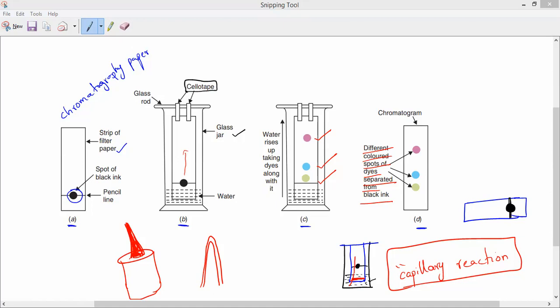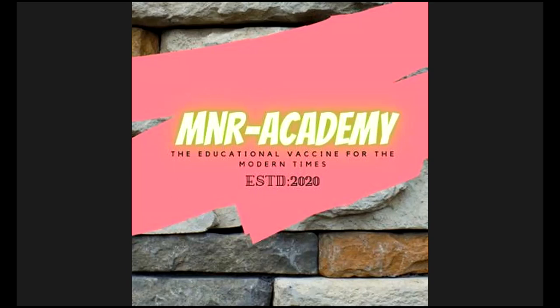If the dissolved solids are very small in amount in the solvent, then which technique will we use? Chromatography. Understand, guys? That is chromatography. This is how we use chromatography for separating different dyes from the ink. Now I will show you a direct real image of this chromatography, how we use the paper strip.